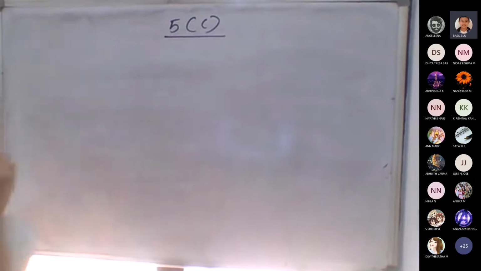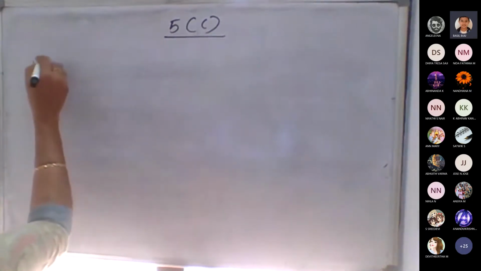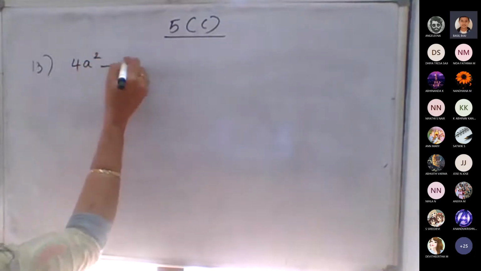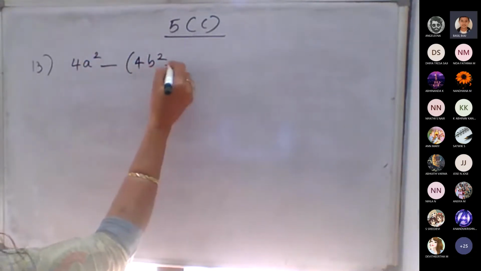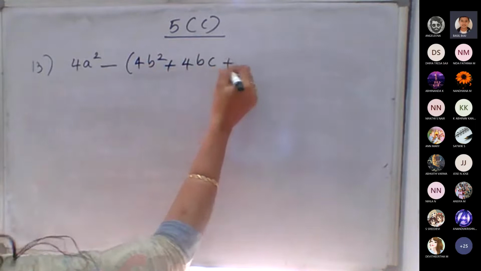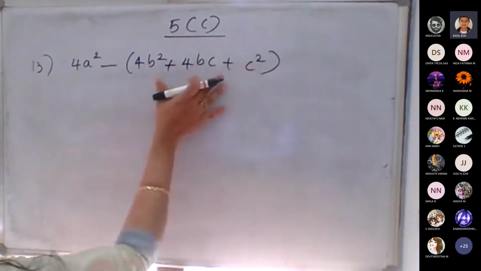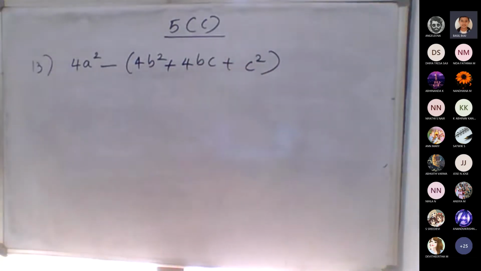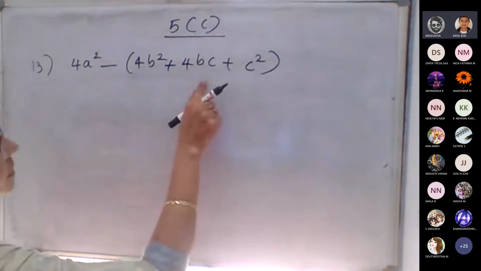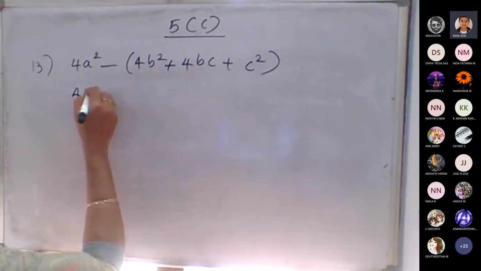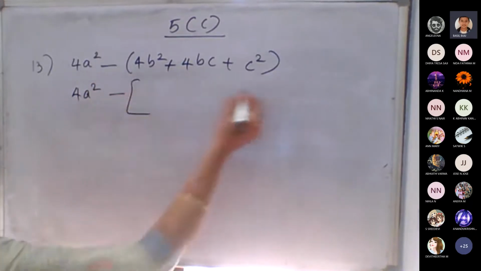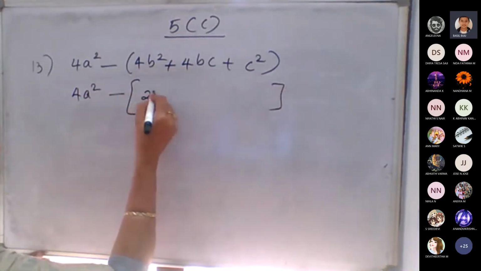4a square minus of 4b square plus 4bc plus c square within brackets. It is in the form of A plus B whole square. That means 4b square we can write as 2b the whole square, no?